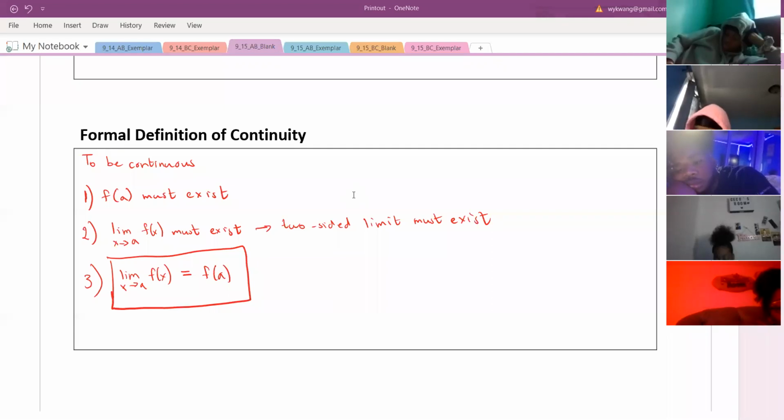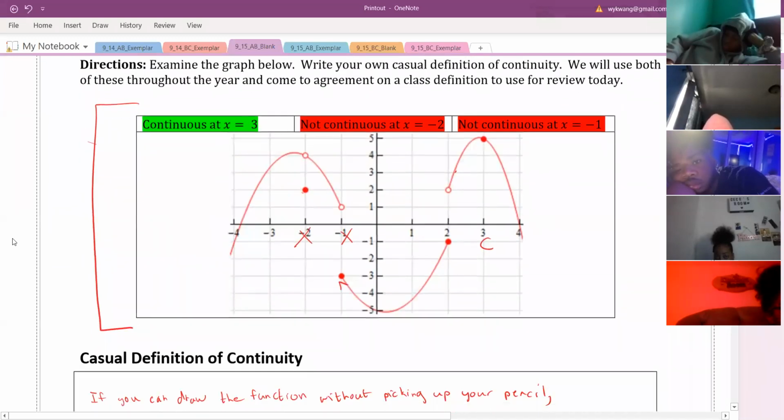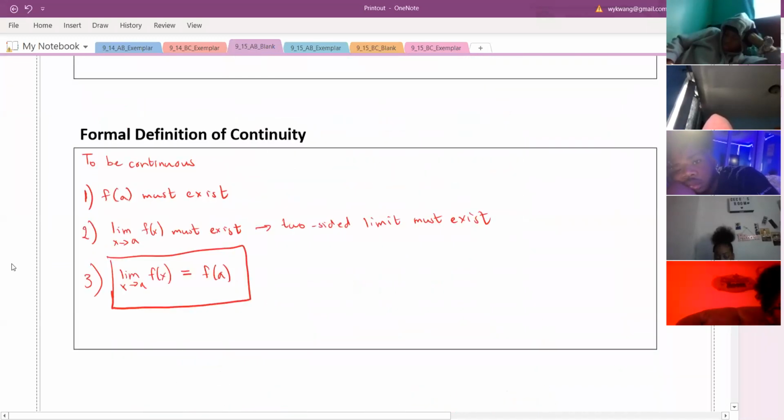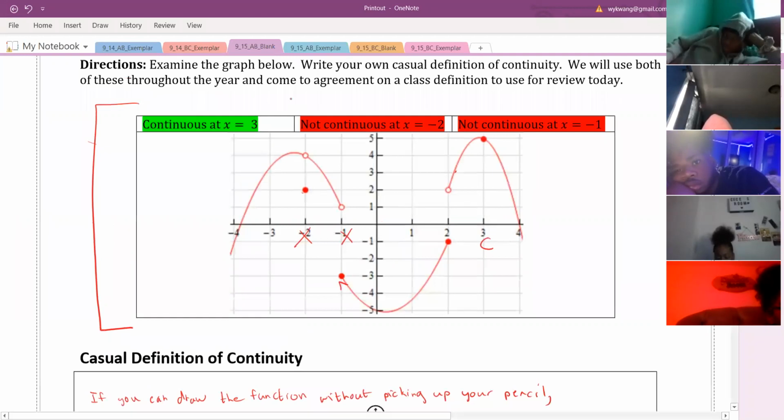Okay, so just to clarify this third point, right? So the third point is that the two-sided limit must equal f of a. And going back to this, the first discontinuity at -2 again, we're kind of attacking this discontinuity again. Remember for our first one, we had to use an example where this point didn't even exist.